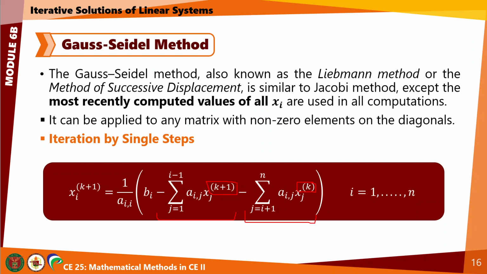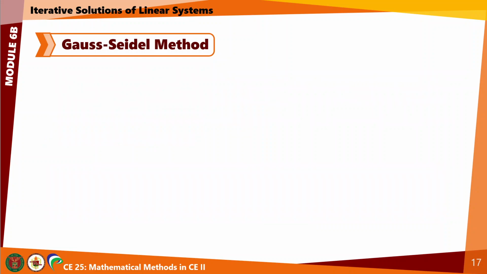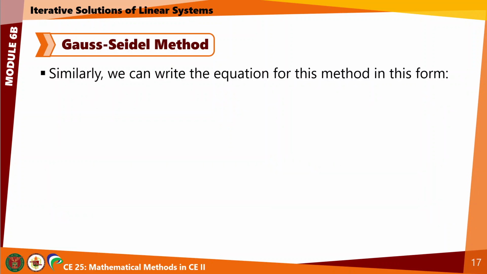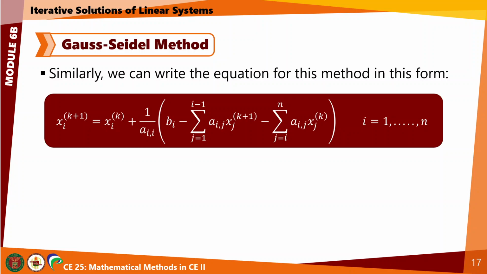Okay? Right? So, just like what we have done kay Jacobi method, pwede rin isulat itong equation na to sa ganitong form. Okay? Which represents, in which yung second part or second term sa right hand side represents the residual.